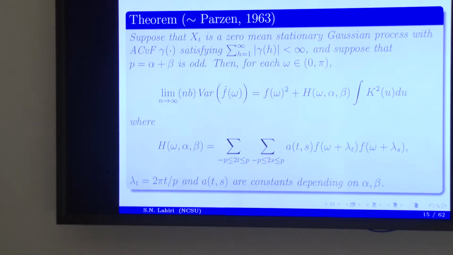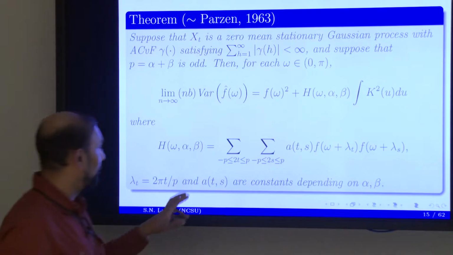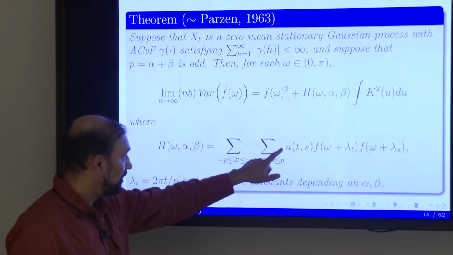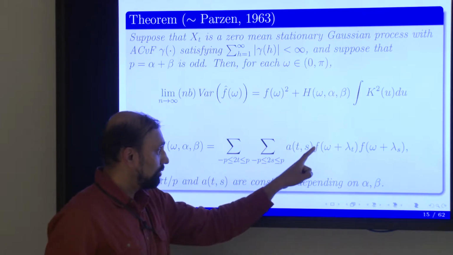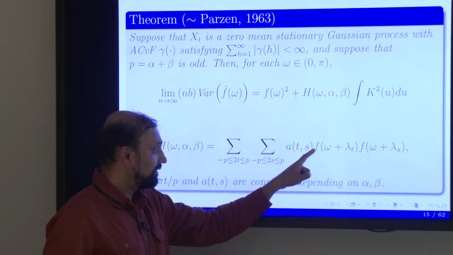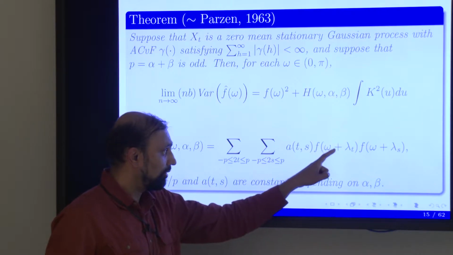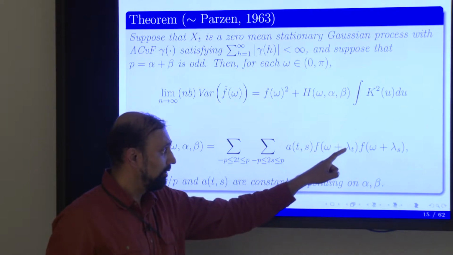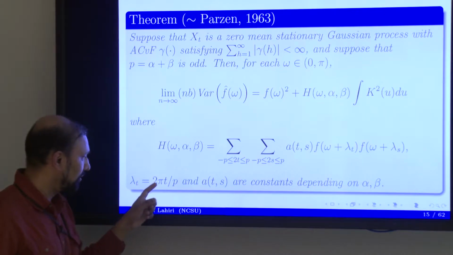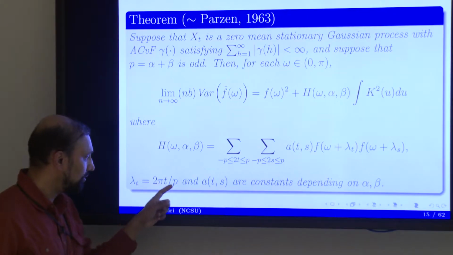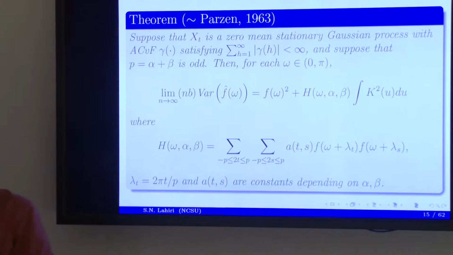So it has contributions from the function g that is giving these coefficients a of t. It is also looking at the underlying spectral density at omega plus some Fourier frequency lambda t, where the frequencies here come from 2 pi t divided by p. P is alpha plus beta. So it's a periodic function.